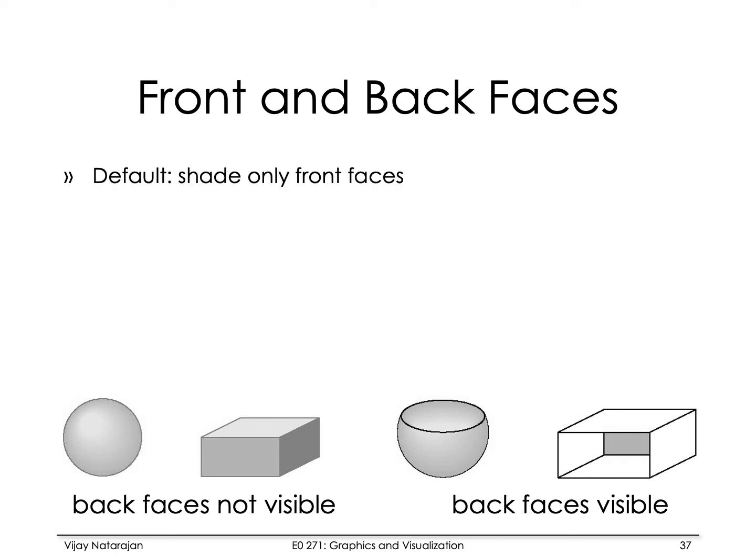So the default in many APIs or even in OpenGL is that you shade only the front faces. And this works very well for convex objects, such as what you see on the left. But often you don't have just convex objects in the scene.